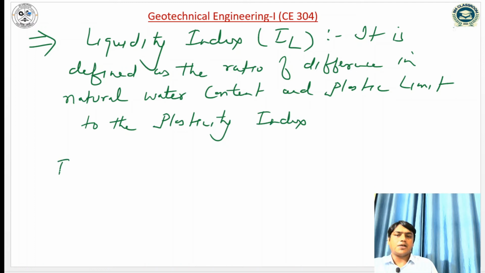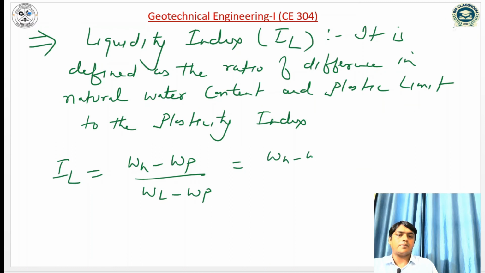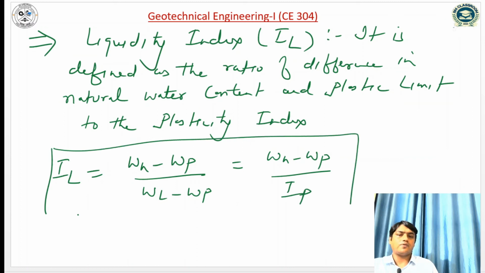So liquidity index can be written as Wn minus Wp divided by Wl minus Wp, or we can also write Wn minus Wp divided by Ip. This is the expression of liquidity index.